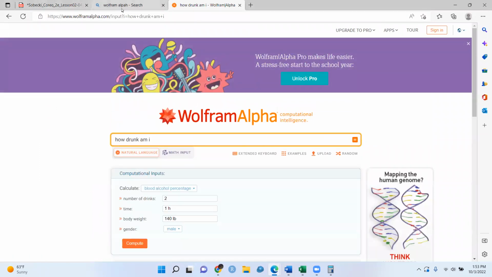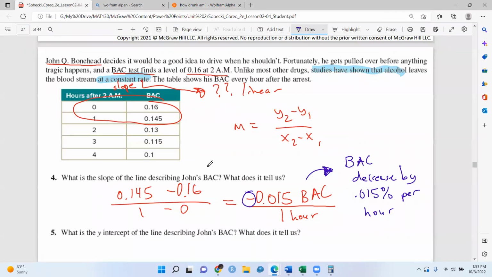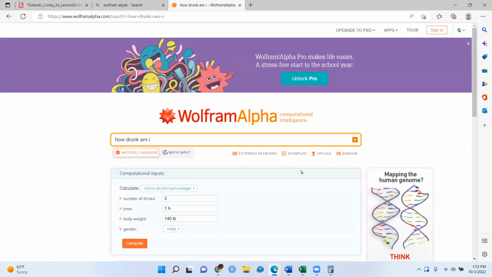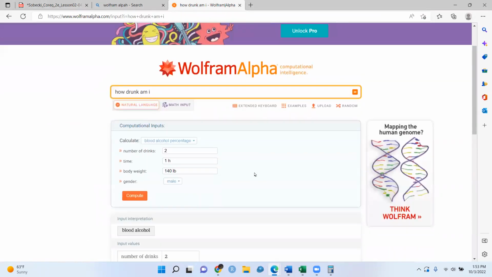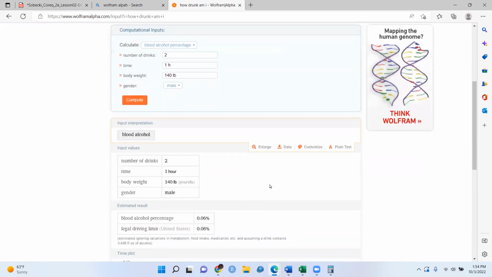What research has shown is that the blood alcohol concentration is based off of how much you drink, number one, how much time has passed, number two, which they're using a linear equation, and then your body weight, as well as male versus female. And this is based on the composition of your body, how much muscle mass you have versus the other part.